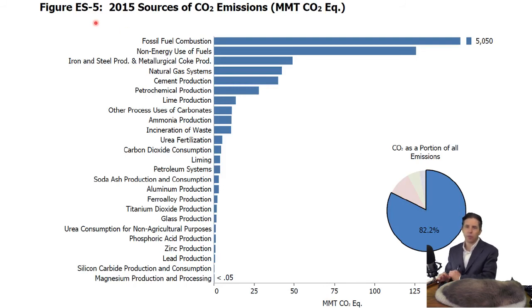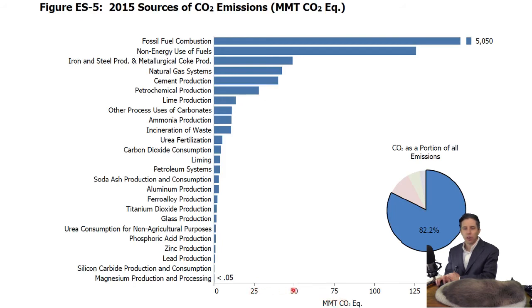So again, this is part of the figures that are on this handout that I've got on Learn if you're in my class. So sources of CO2 emissions, again, in this million megaton CO2 equivalent. Okay, fossil fuel combustion. Now, before I talk about that, look at some of the ones below here. Non-energy use of fuels, iron and steel production, natural gas systems, cement production, and down here on the x-axis are numbers in this million megaton CO2.